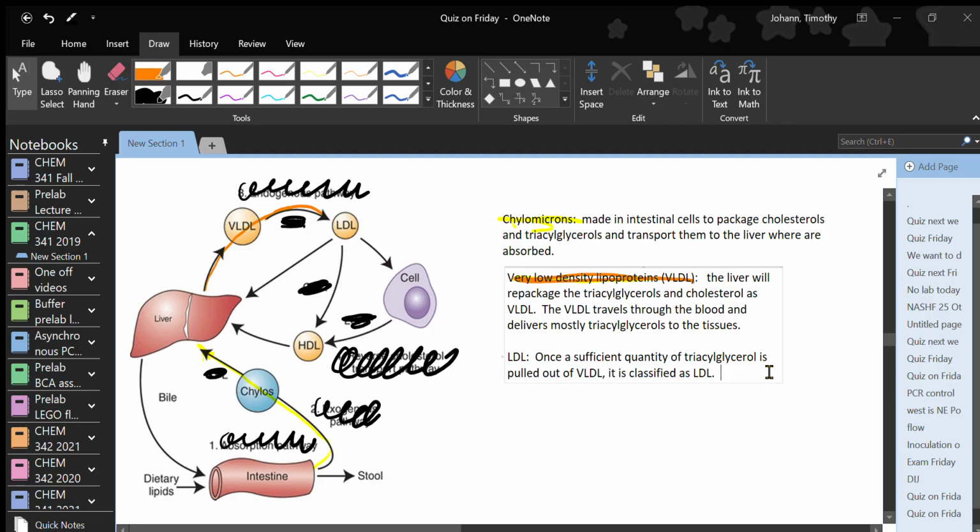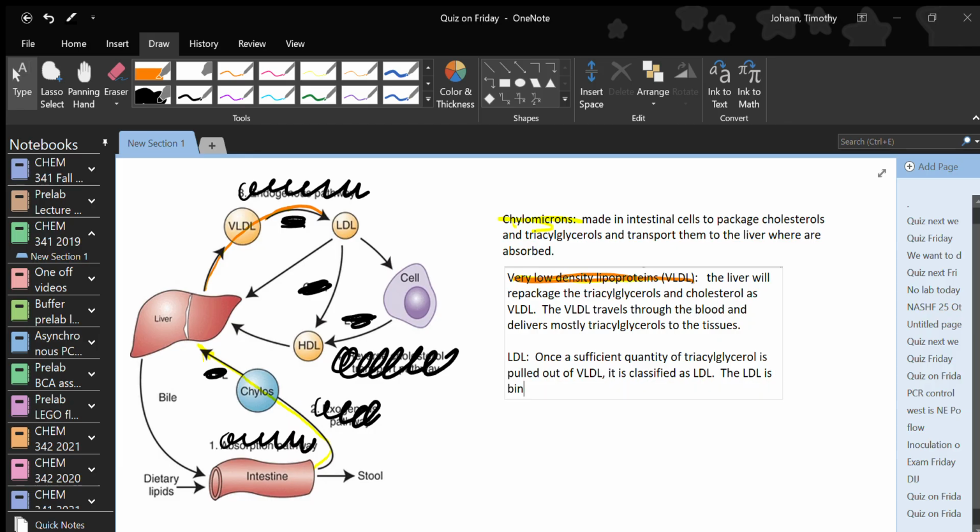All right, the LDL binds to specific receptors. It binds to the LDL receptor in cells, so that cells that need cholesterol are going to internalize that. They're going to absorb it.